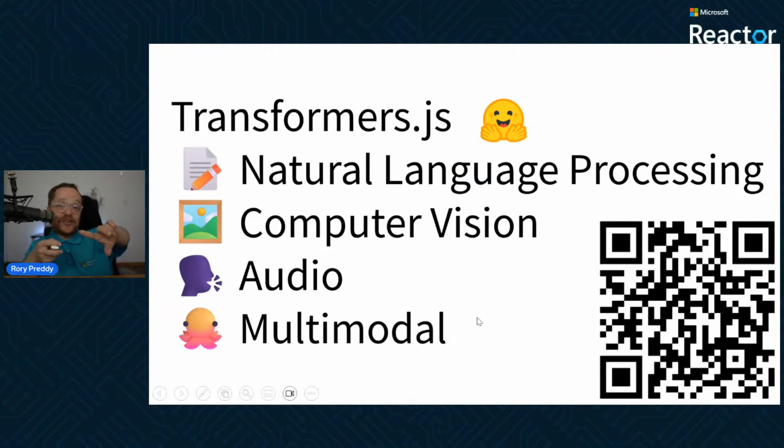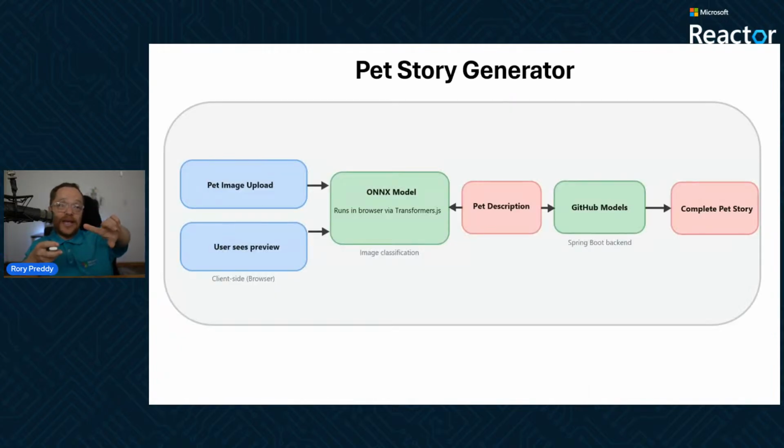Then we're going to take that transformers.js and upload a pet. The user sees the preview of what the pet description is. Then we're going to have the ONNX model there, which runs in the browser via transformers.js, gets the pet description, and then says to GitHub models, hey, go create me a pet story.